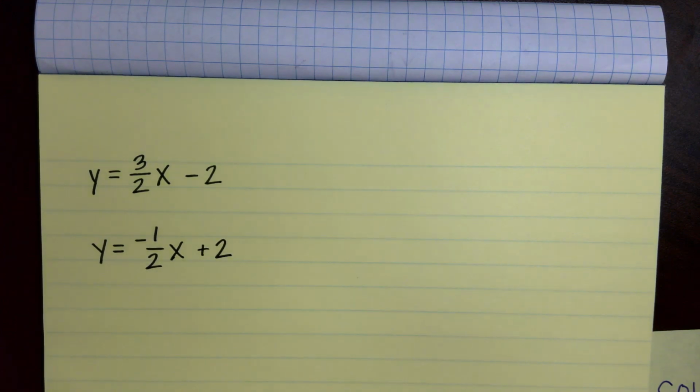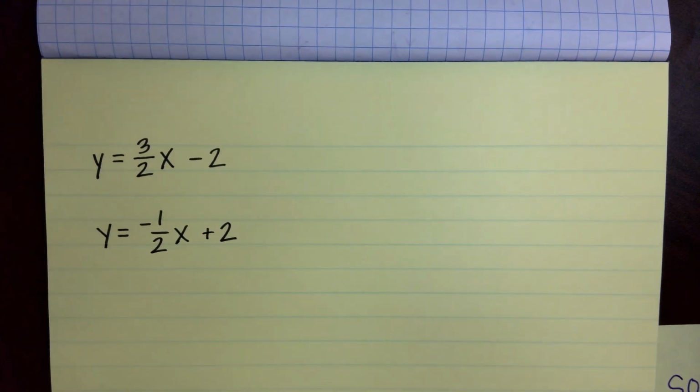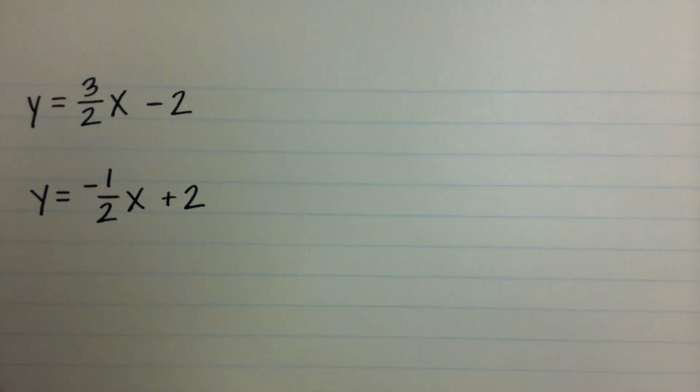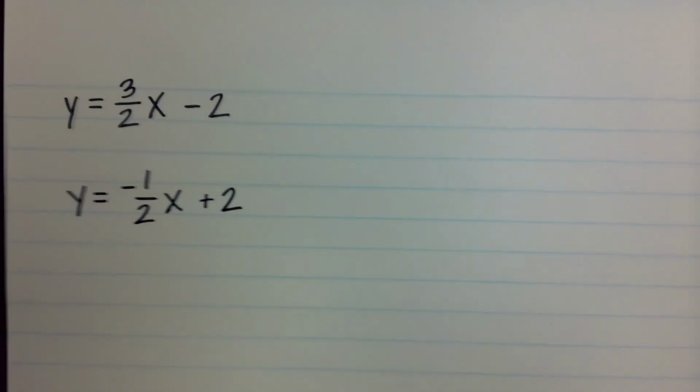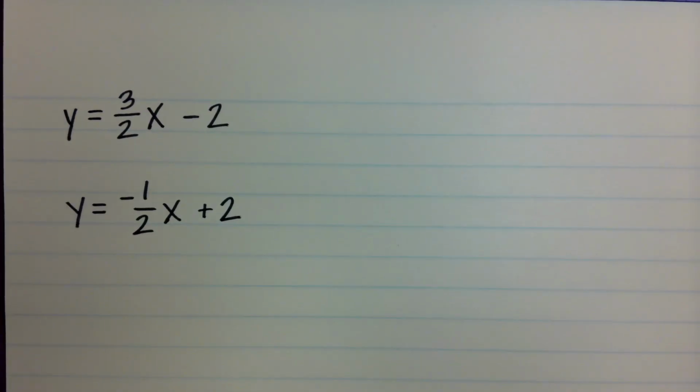I know that we're going to get a nice whole number as our coordinate, because we did this problem earlier by graphing. So we've got our system of equations and we want to solve by substitution.